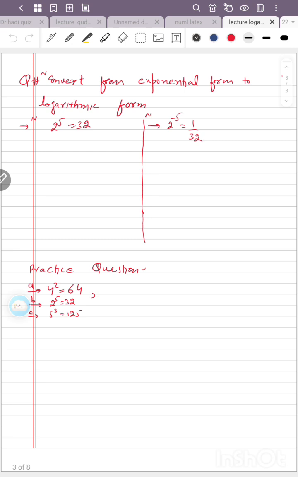First of all, you have to identify what your power is and what your base is. Look here, this one is your base. So we write log to the base 2.